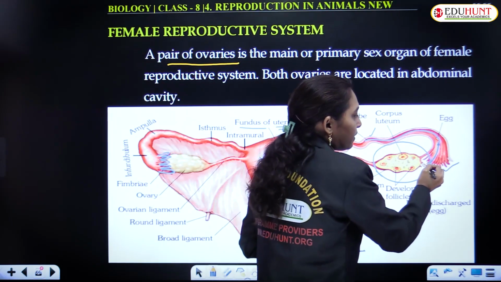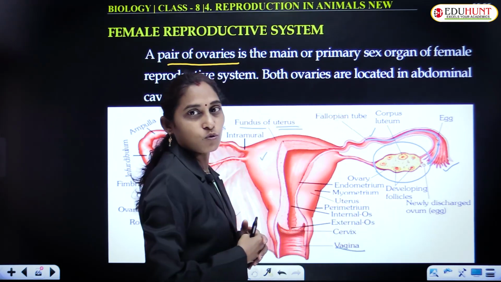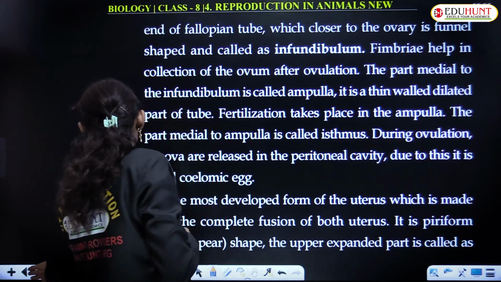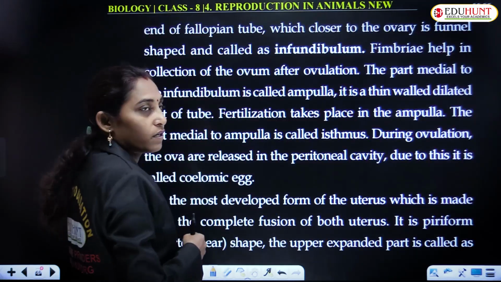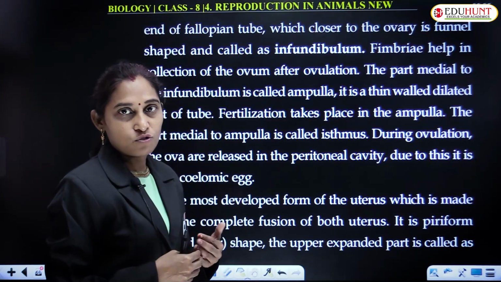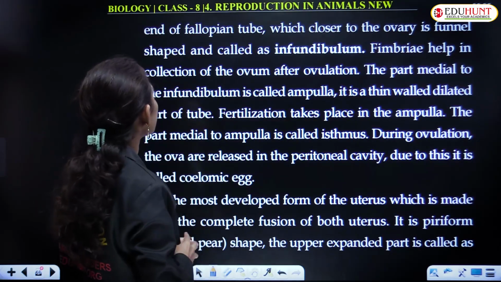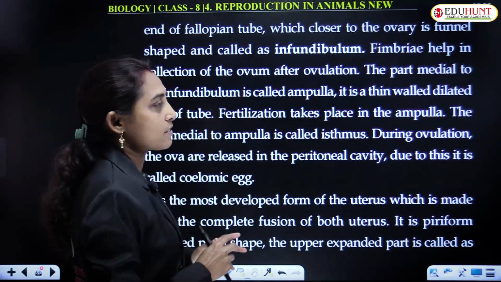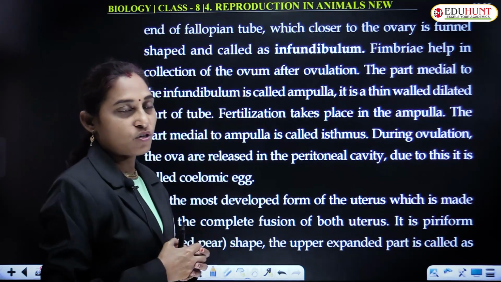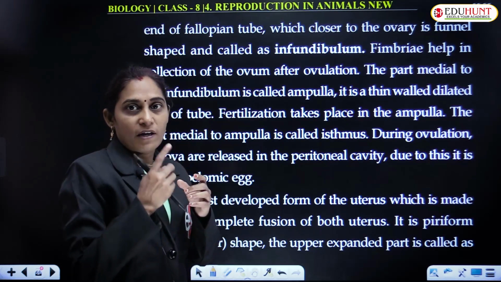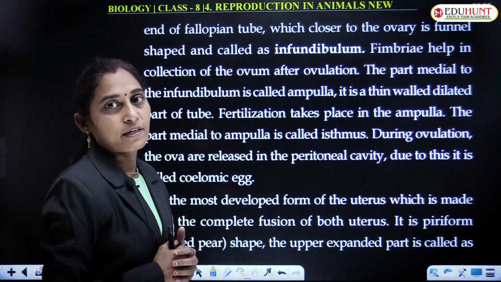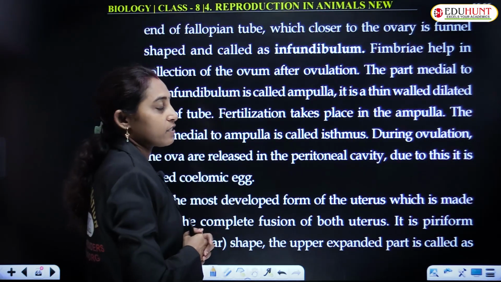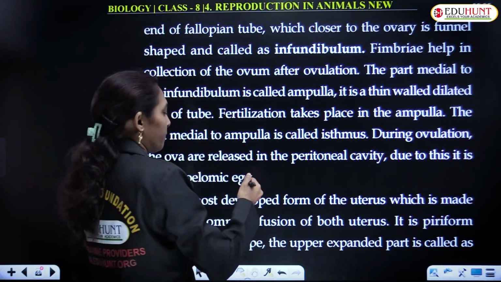The tip is very close to the ovary, which gives rise to ova. It is a funnel-shaped structure. The tip of the fallopian tube is a funnel-shaped structure called the infundibulum.